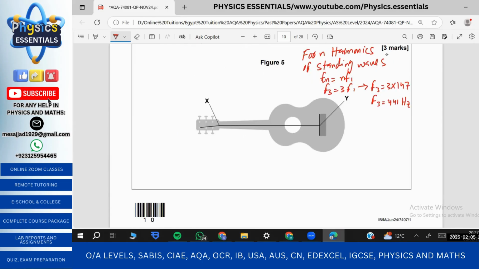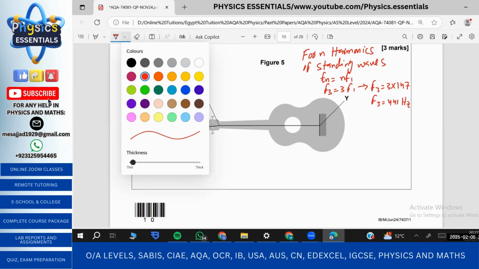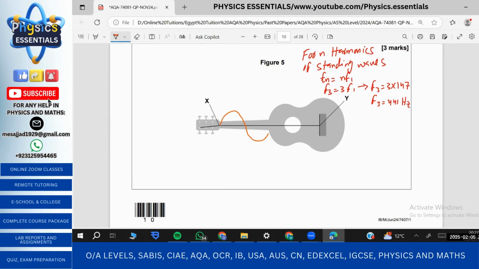So of course we are going to have three cycles. So 1, 2, and 3. Okay. Make sure that the amplitudes are equal above and below, otherwise they will cut the marks. AQA is very dangerous in this, so you have to be very careful with drawing.